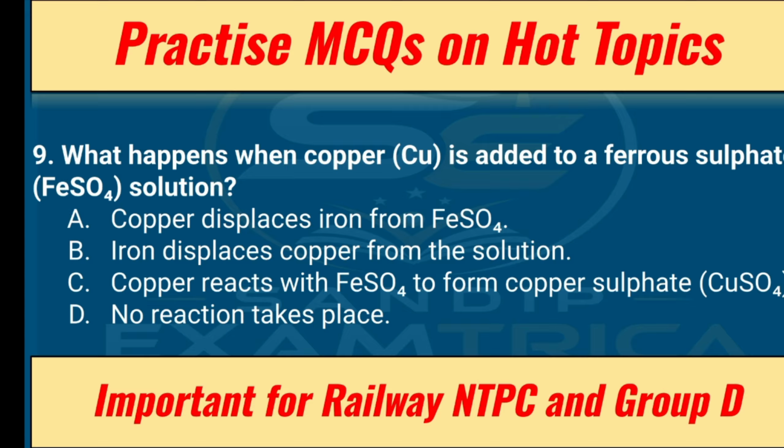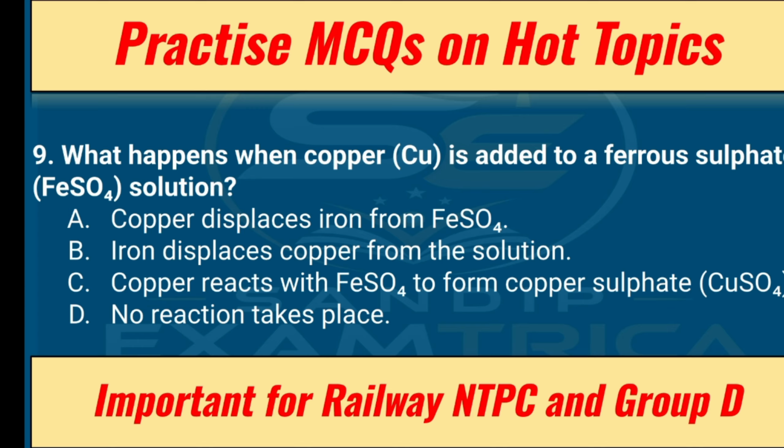If in place of ferrous sulfate we take copper sulfate and react it with iron, then iron will displace the copper from copper sulfate, because iron is more reactive than copper. At that time, the blue color of copper sulfate solution will change to the green color of ferrous sulfate solution, and copper is displaced.